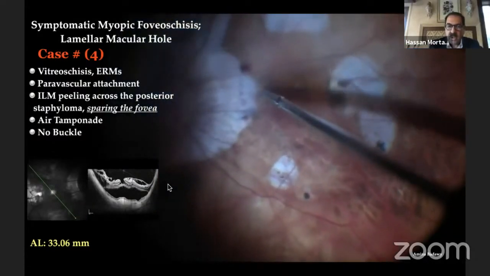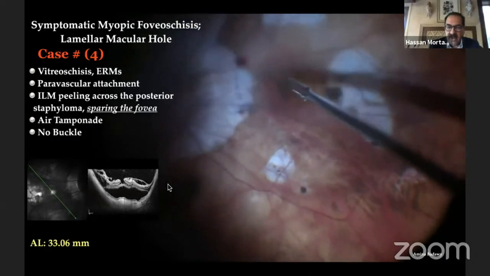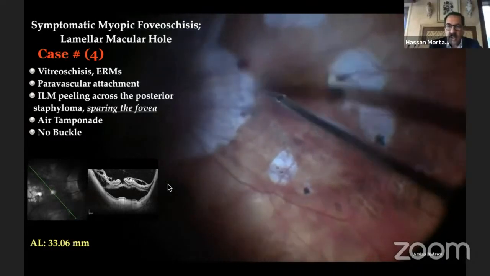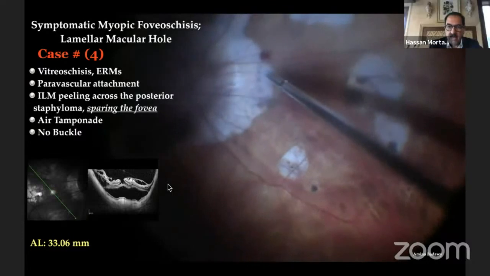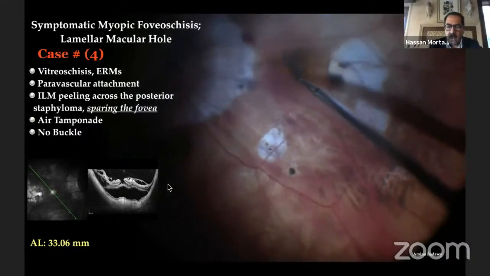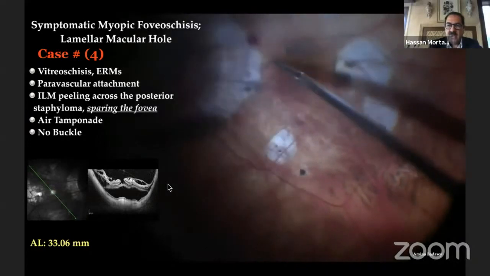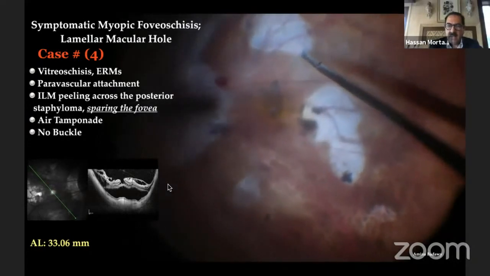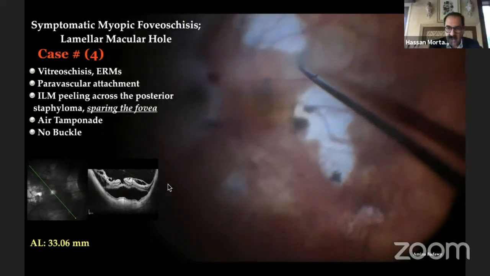Another injection of brilliant blue revealed the presence of the actual internal limiting membrane, and fovea-sparing ILM peeling was performed just as the previous case.